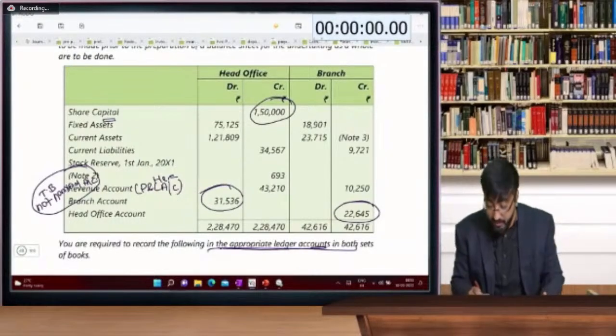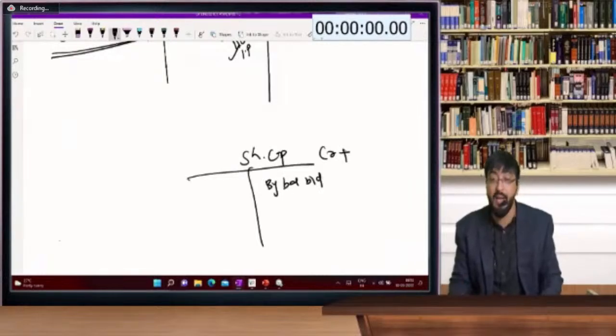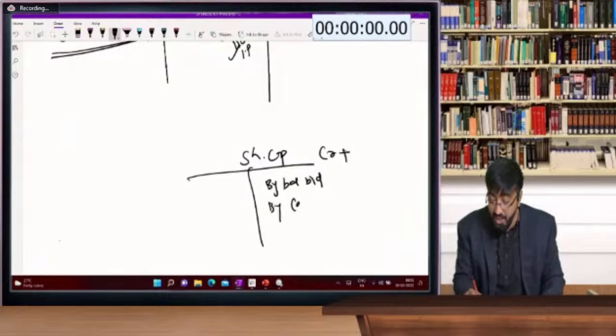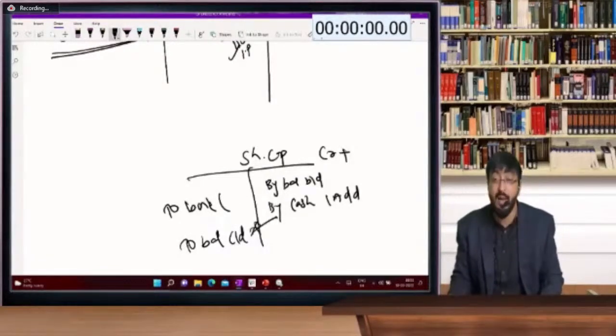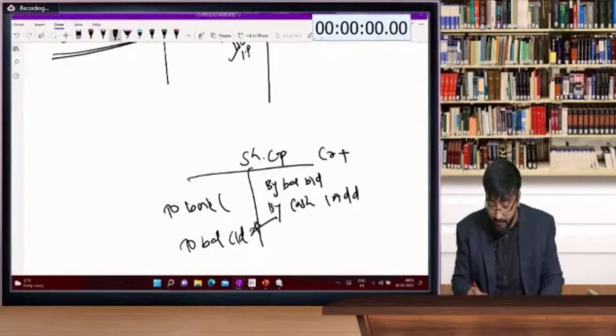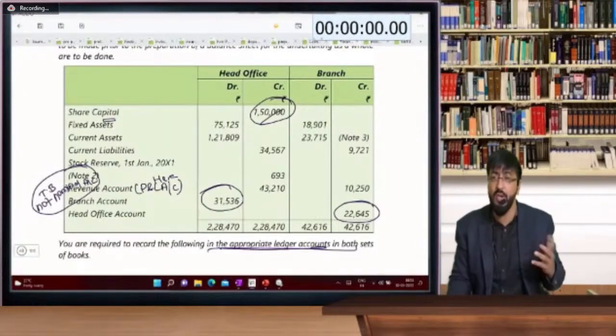Now this ledger account will look like this: here it's share capital, credit side, by balance brought down, then additional shares, this is by cash, and to bank if this is a bought back value, and then you are getting balance carried down, and this balance carried down you will write in the share capital account, just for your conceptual clarity. Now fixed asset.